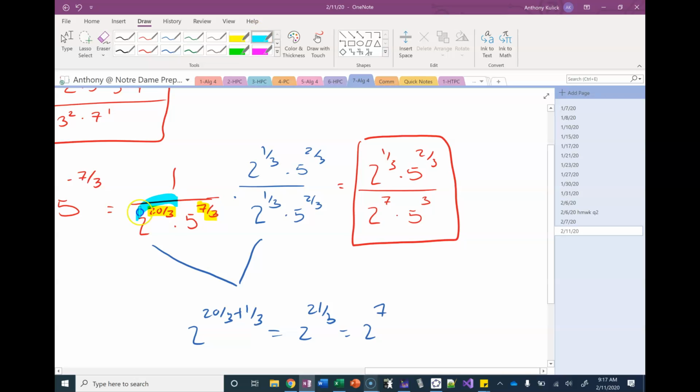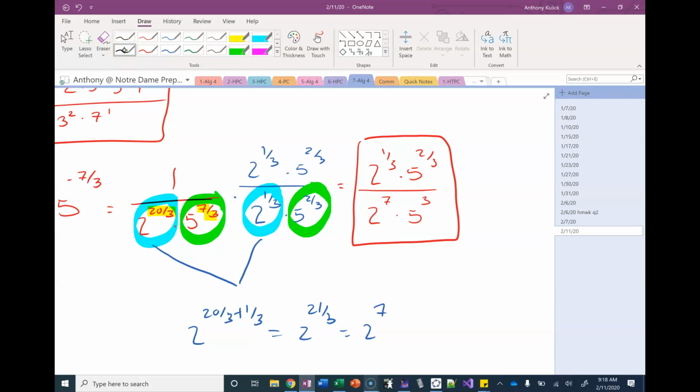So these guys are going to multiply together, and then those ones are going to multiply together. Okay? And that gets rid of the radical in the denominator issue. Okay? You're welcome.